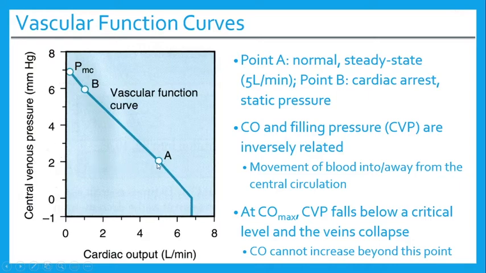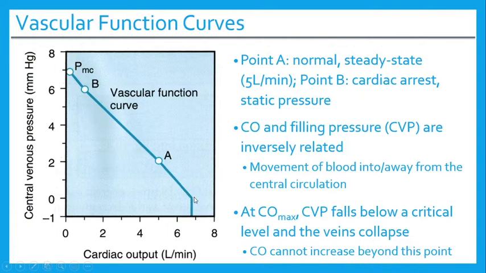So that's what we're seeing. An increase in cardiac output would decrease central venous pressure and decrease preload because of the compliance of the veins. And so at cardiac output max, if nothing else is adjusted, and we're going to talk in a sec about how the body overcomes this, central venous pressure is going to fall to critical levels.